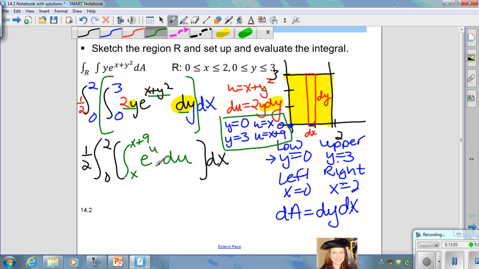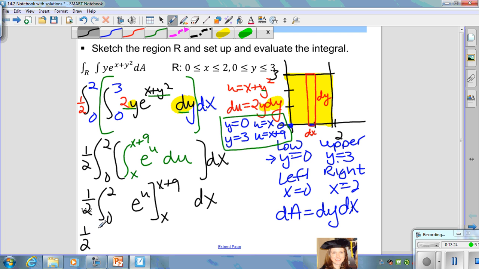Now we're going to integrate this. The antiderivative of e to the u du is e to the u. So it's going to be e to the u evaluated from u equals x to u equals x plus 9, and then dx.